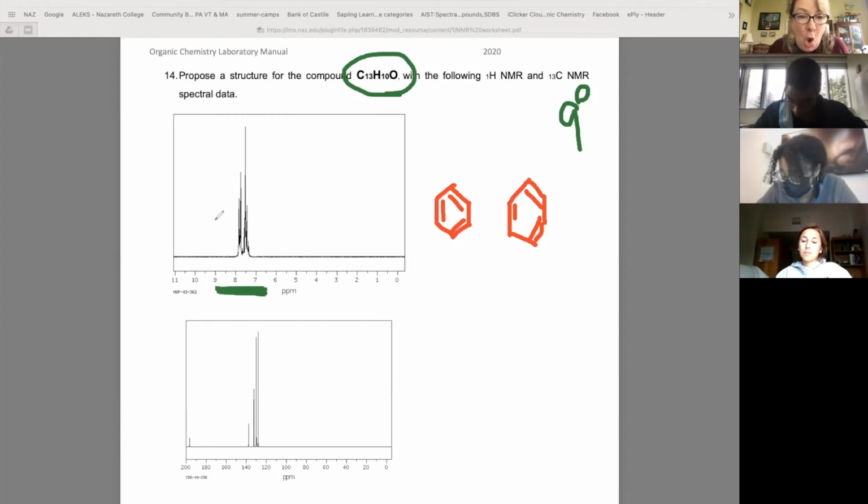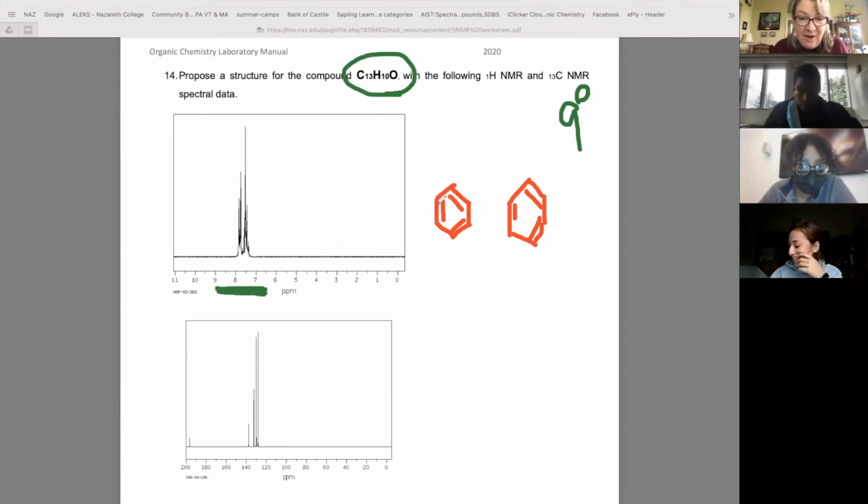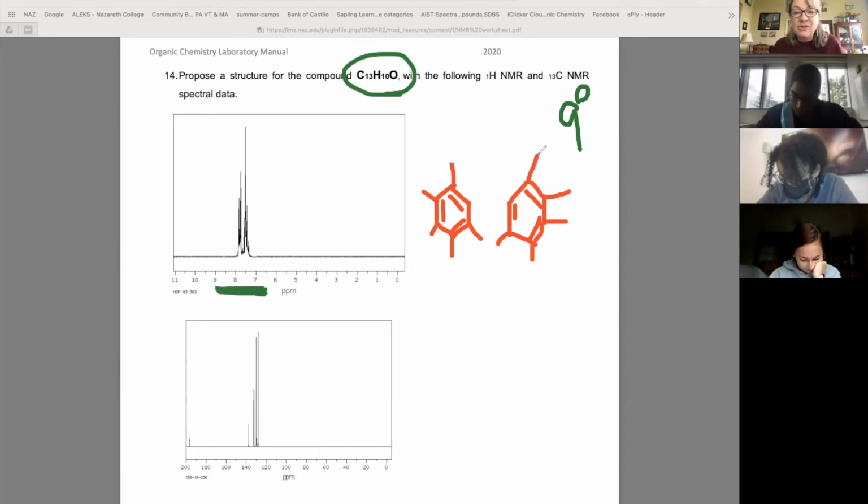And there's only protons on the benzene ring. There's no peaks down here or anything like that. That means that I have 5 hydrogens on each. I'm just going to draw the line for now, so I don't have to draw all the H's. I have 5 H's on each of my benzene rings, which would be 10 total H's.